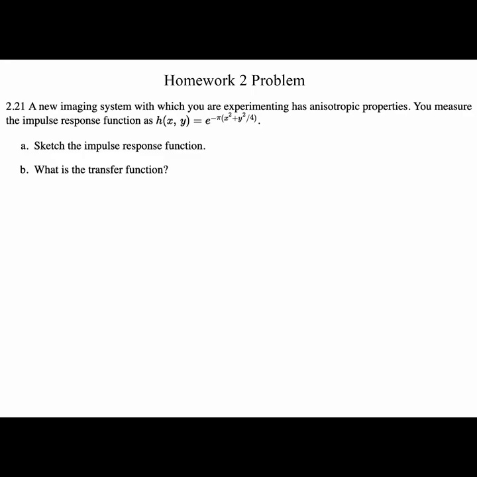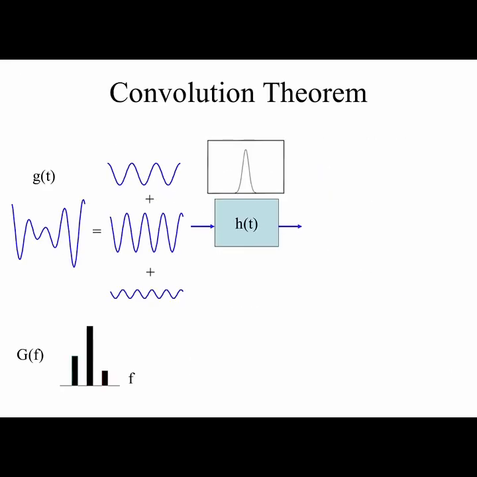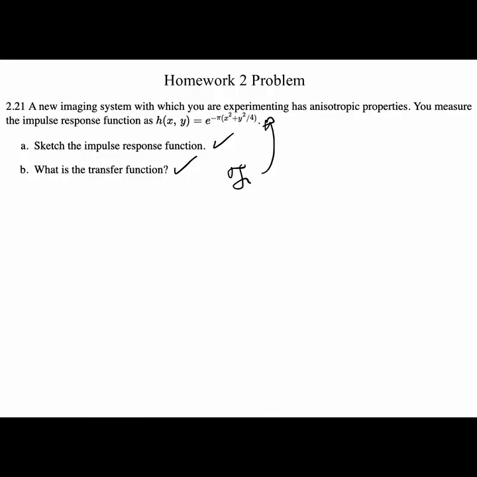So here, sketching the impulse response function, you can sketch it by hand, you can use MATLAB, do whatever you want. And then what is a transfer function? Well, you just take the Fourier transform of this guy, right? And so you're going to want to make use of the fact that the book has already given you one Fourier transform.